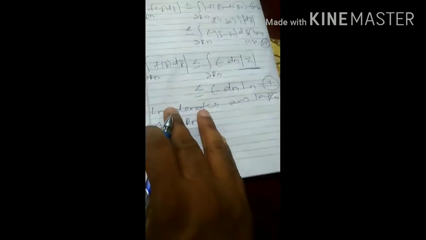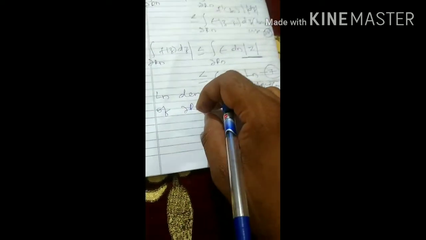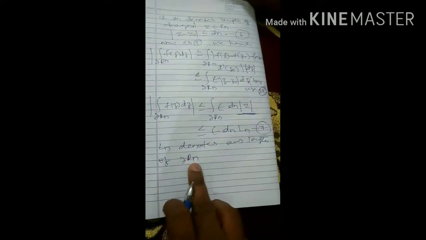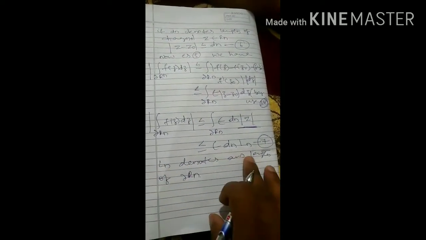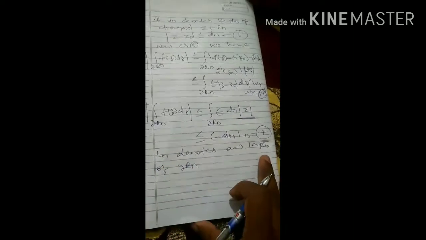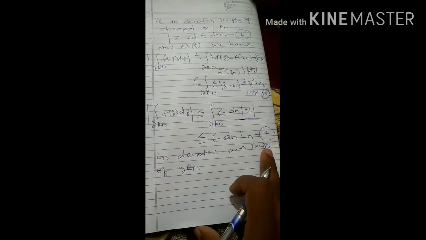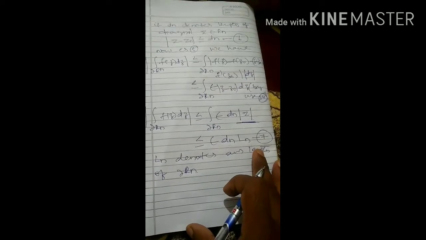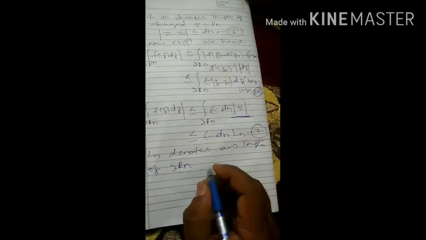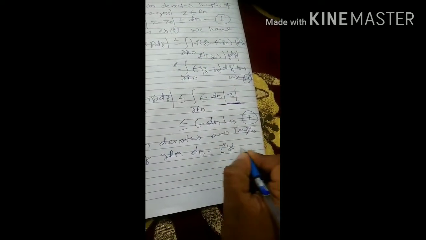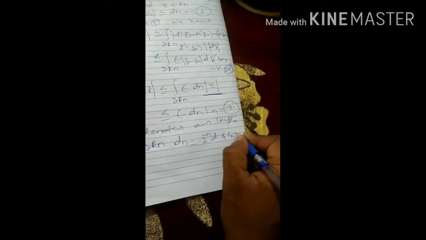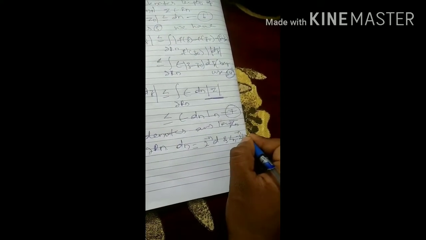Here d means the diagonal and l means the perimeter. If d and l denote the length of the diagonal and the perimeter of R respectively, then dn is equal to 2 to the power of minus n d, and ln is equal to 2 to the power of minus n l.